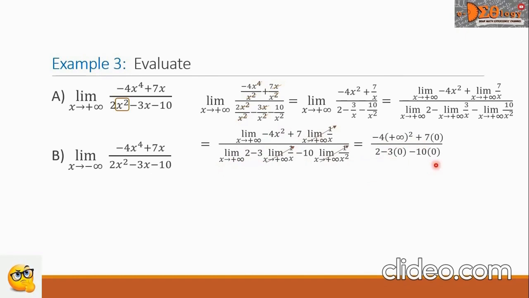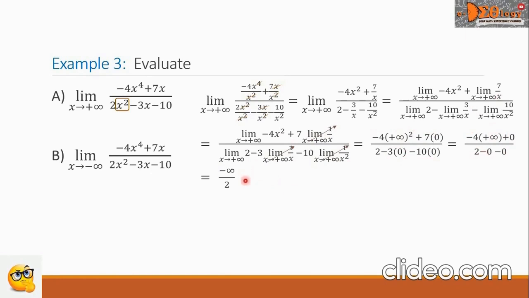Let us simplify further. The square of positive infinity will simply be positive infinity. 7 times 0 is 0. 3 times 0 is simply 0. And 10 times 0 is 0. Now, this negative 4 multiplied by a positive infinity is negative infinity.